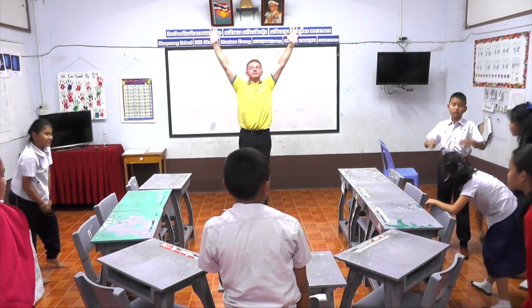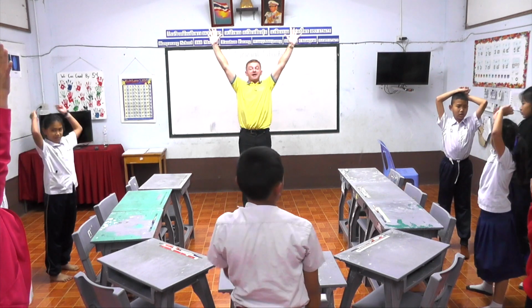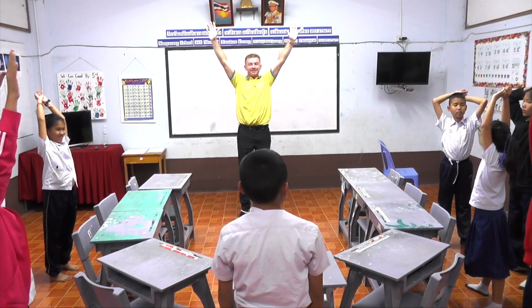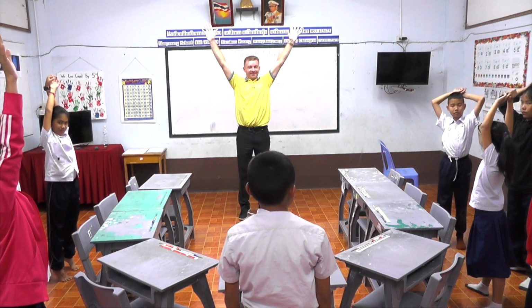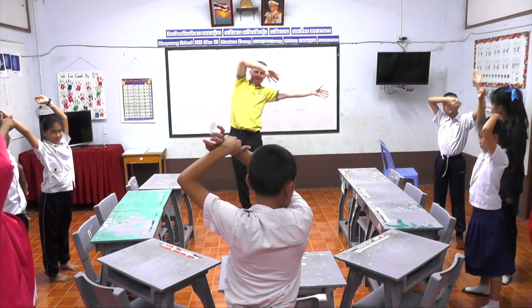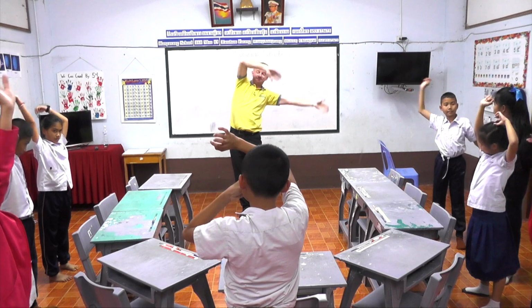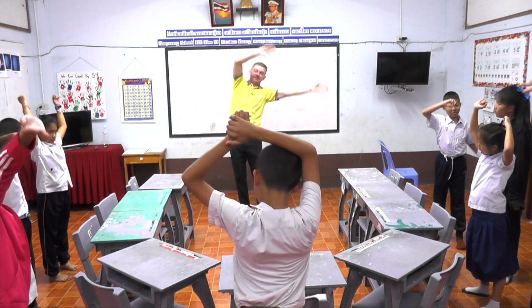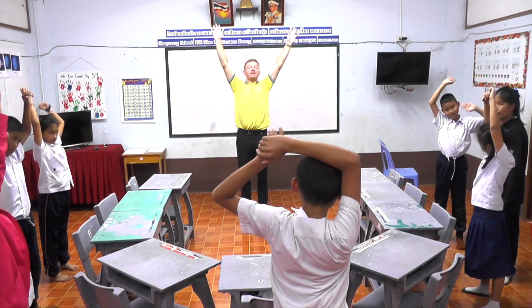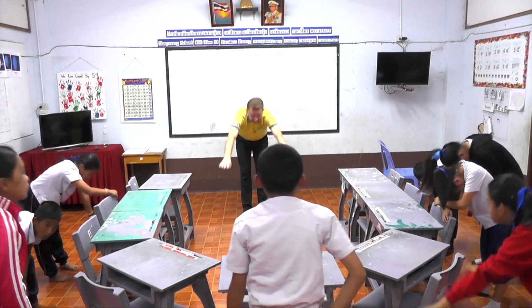Then go back up high one more time. This time, can we go tippy toe high? While we're there, let's have a wave side to side. And then back down to touch our toes once more.